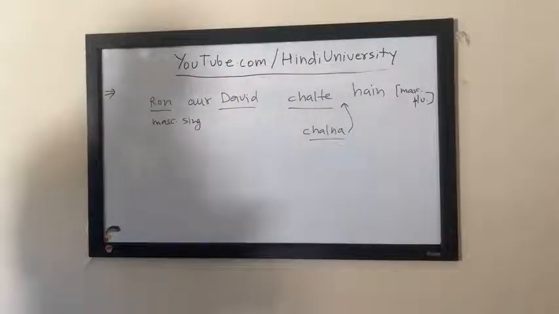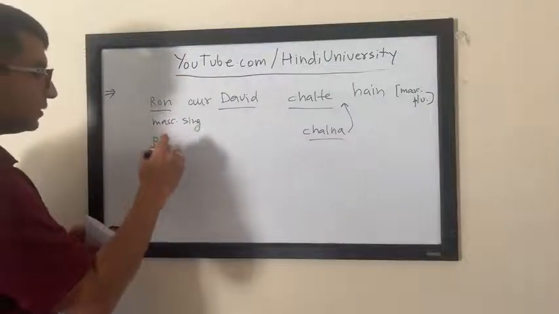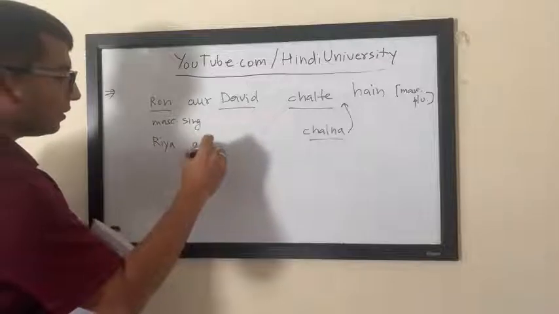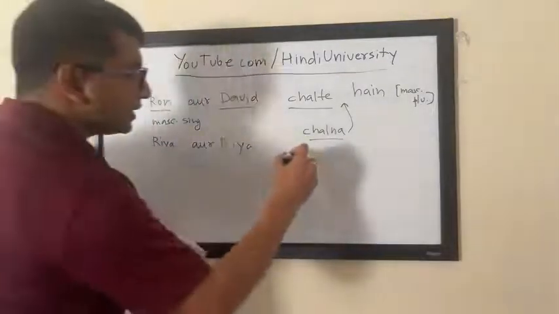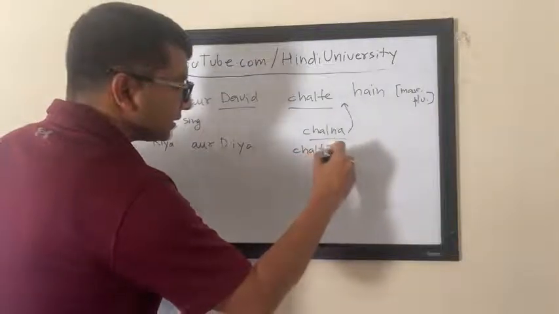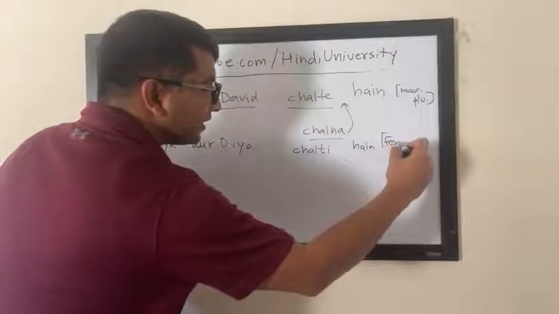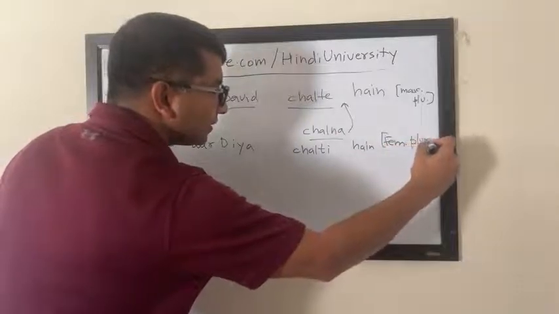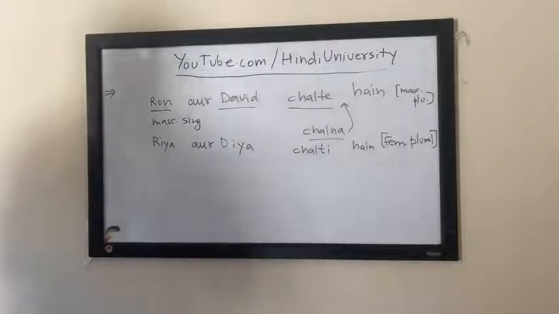Masculine plural. Ron or David chalte hain. Similarly, if it is two feminine singular, so you have Riya or Diya, and then you have chalti hai. This one is feminine plural, right? Riya or Diya chalti hai.